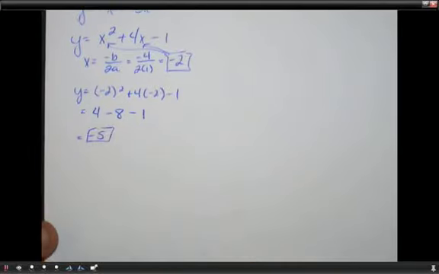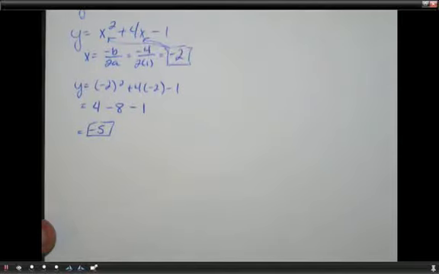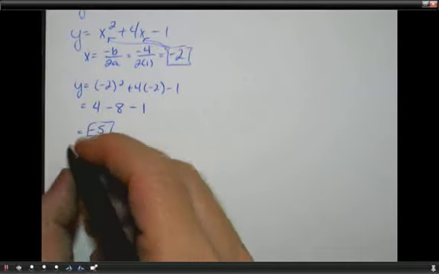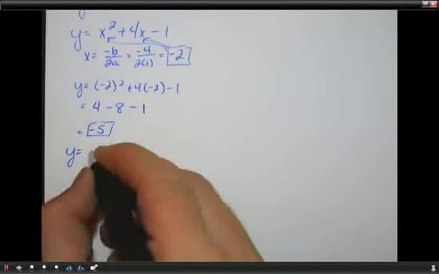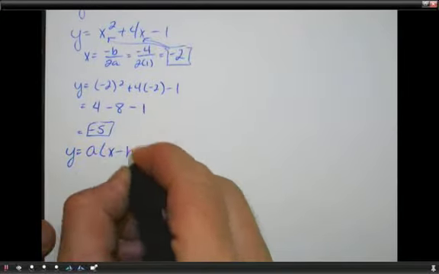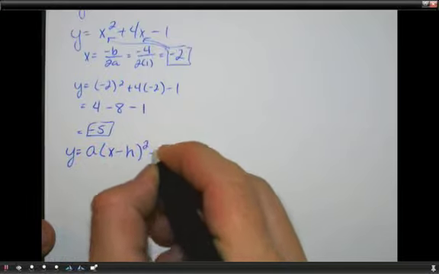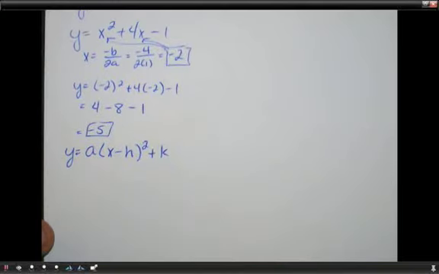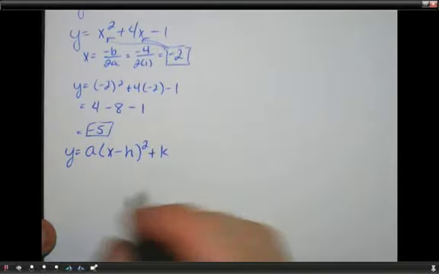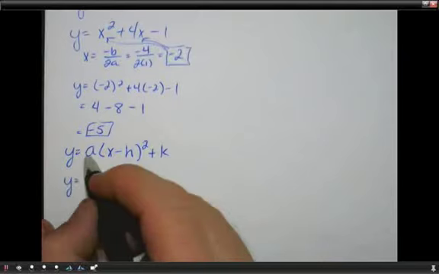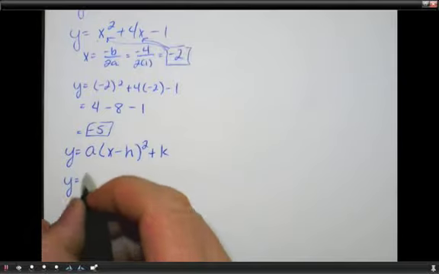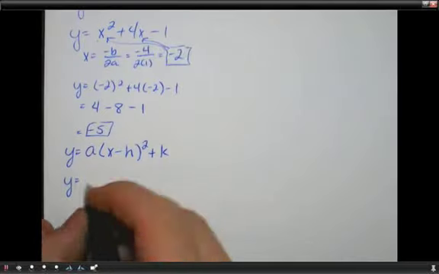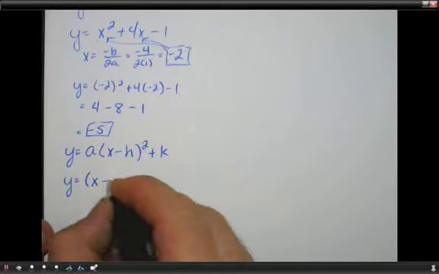Now, you've got to remember, you can't just stop there because you found some numbers. You've got to keep going. You actually have to write it in vertex form. Well, you need to remember vertex form. I'm just going to keep writing this just so it gets ingrained in your head. That's vertex form. Well, I know what a is because a is whatever a was to begin with. a is 1. You can write that in there if you really want to, but you know me, I don't like writing that. x minus h.